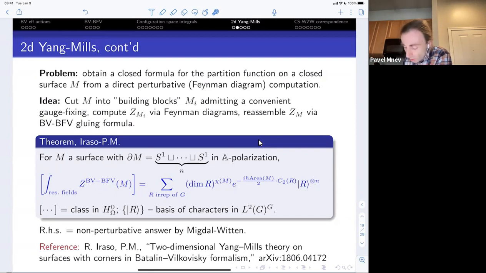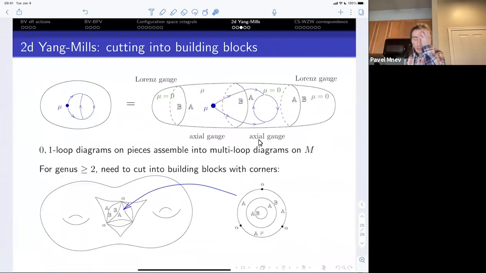It's a sum over irreducible representations of the compact group, of the dimension of the representation to the power of the Euler characteristic of the surface, then a term involving the total area of the surface, exponential of the total area times the quadratic Casimir, and a term involving the boundary circles: the nth power of this basis element in the space of states coming from the character of the representation R.